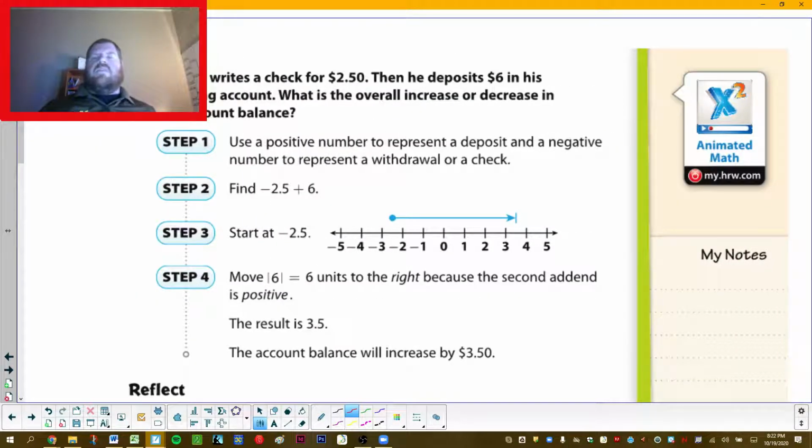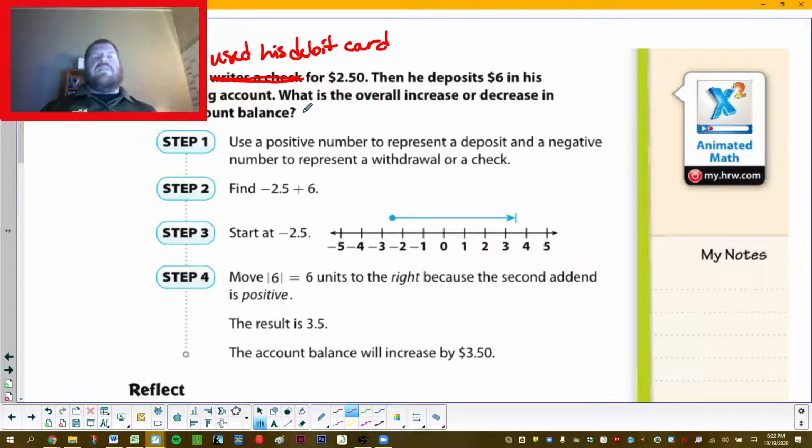The next problem talks about Ernesto writing a check. Maybe a better term for that nowadays is, let's say, used his debit card for $2.50.